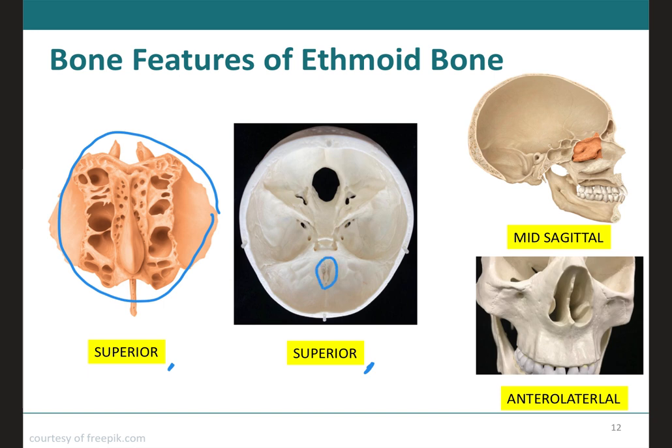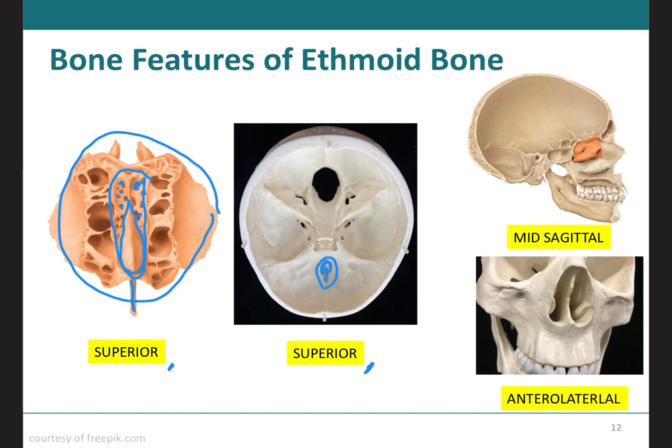What we can see on the superior view is the crista galli, which is this bone portion right over here, which is the thing that sticks up right over there. And then we're going to see the cribriform plate, which is the structure over here with these tiny little holes where the olfactory nerve will pass through, and that's located right over there. So this is your cribriform plate.